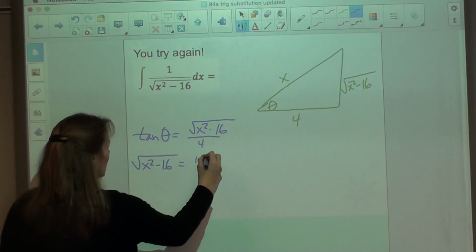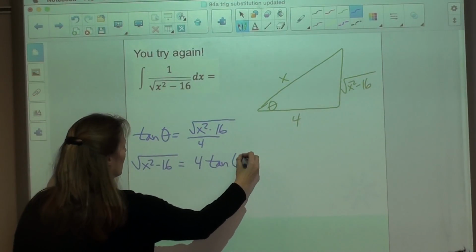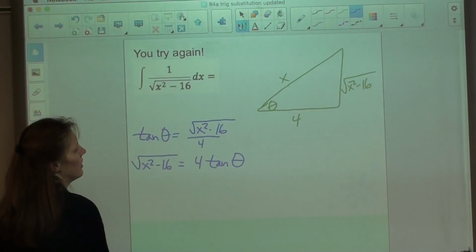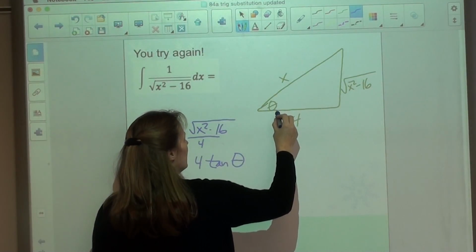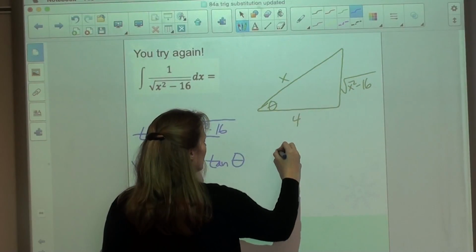Cosine is 4 over x. Natural log of secant, expressed in tangent.